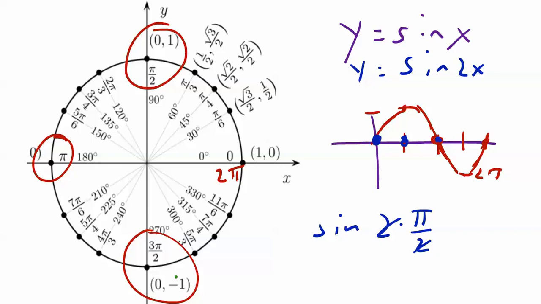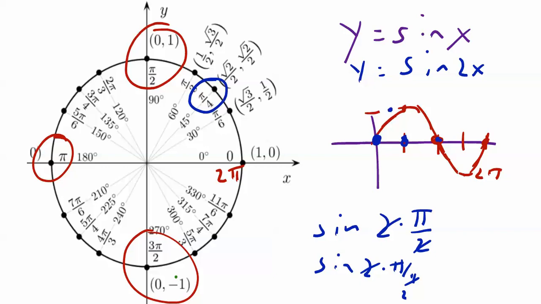Well, how do I get that maximum? That maximum doesn't occur anymore at pi over 2. It actually occurs at half of that value, which is pi over 4. Remember, what we do to the x's is the opposite. So instead of multiplying, we're actually dividing. So it's cutting those x's in half. So if I put in pi over 4, sine of 2 times pi over 4 becomes sine of pi over 2, which is 1.